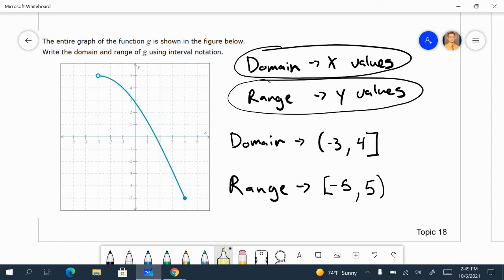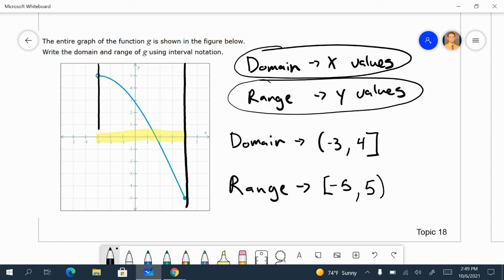These are all of the possible x values that you can see and all of the possible y values you can see. If I'm thinking about my x values, I'm thinking about the x-axis. So I see my line going everywhere from -3 to 4 on the x-axis. There isn't anything outside of this.